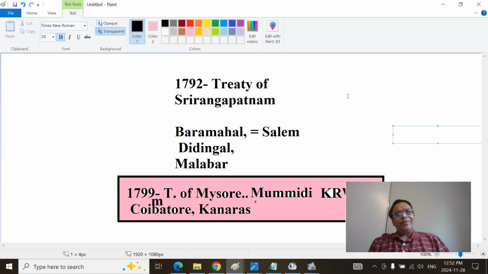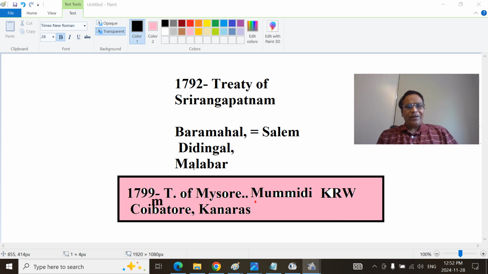When he lost, he gave Baramahal, that is the Salem area, and Dindigal, Malabar to British East India Company conquistador imperialists, 1792. When he was finally defeated and passed, they restored the throne to the original Wadayar Raja, at the time a boy, Mummidi Krishna Raja Wadayar, the third one.